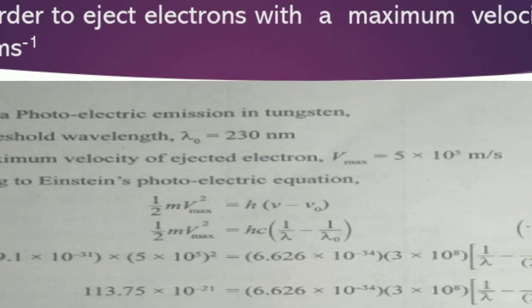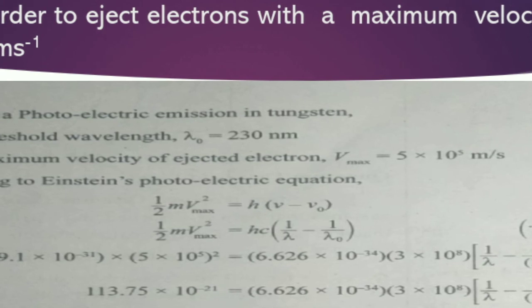Equal to 6.626 into 10 to the power of minus 34 into 3 into 10 to the power of 8. As we all know, h, Planck's constant, is 6.626 into 10 to the power of minus 34.